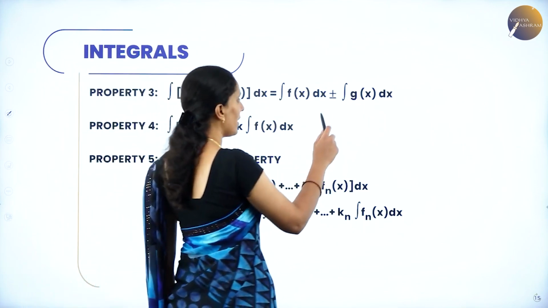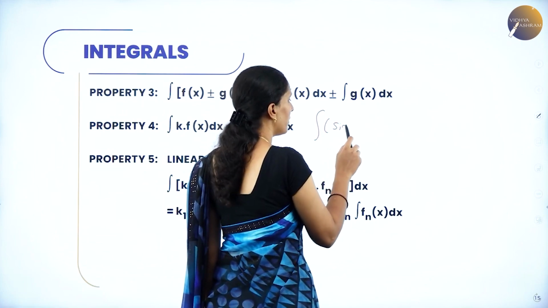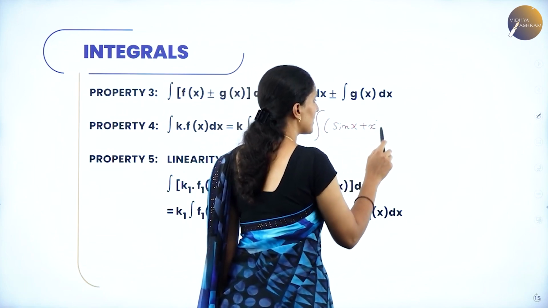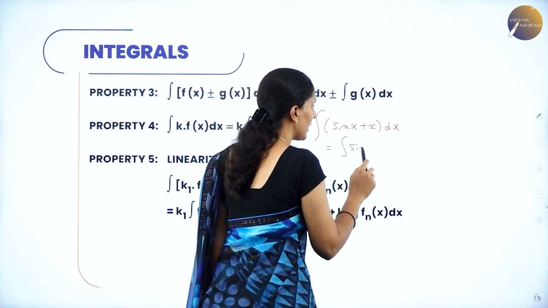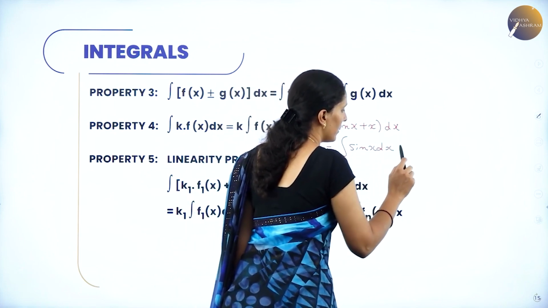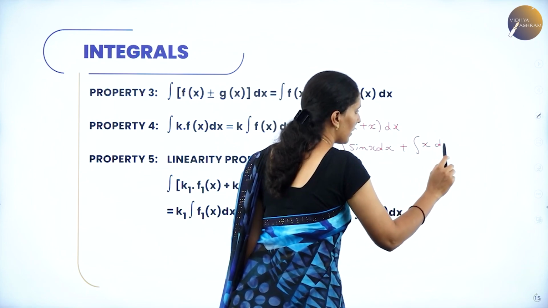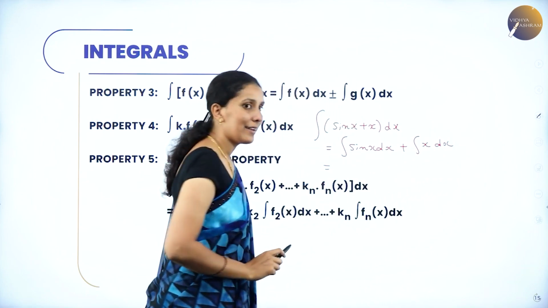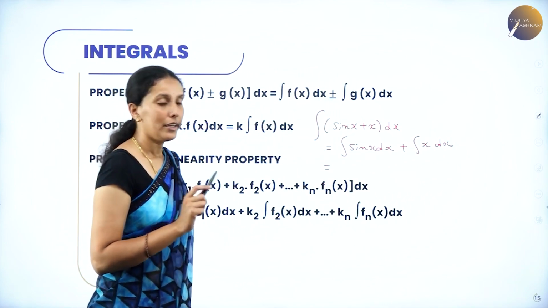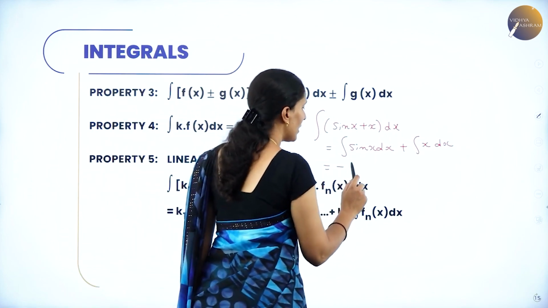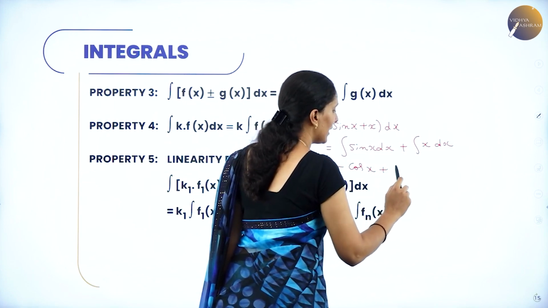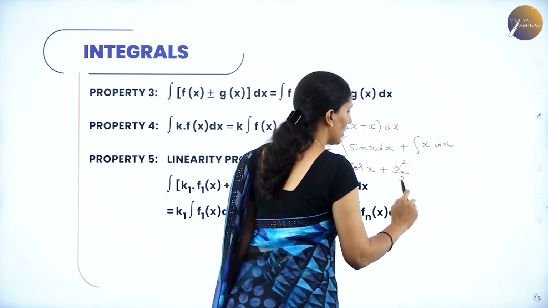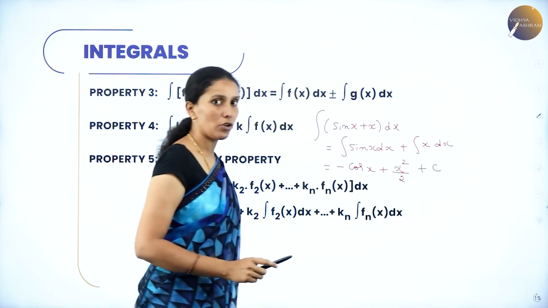For example, whenever integration of sin x plus x is given, apply integration of sin x dx separately and x dx separately. So, what is the integration of sin x? It is minus cos x. And what is the integration of x? It is x square by 2, plus c, the integration constant.